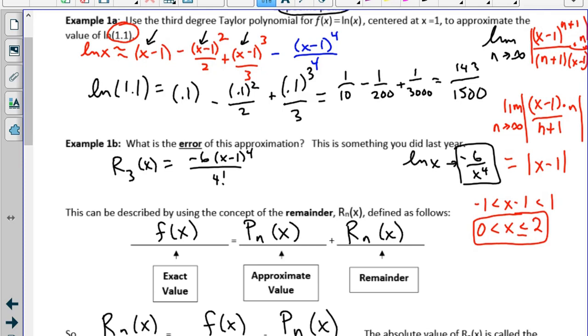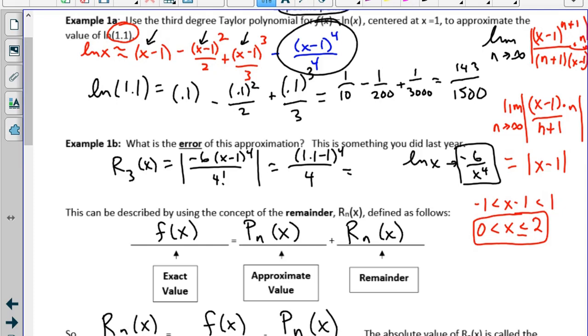factorial. Notice that negative 6 over 4 factorial ends up just having a 4 in the denominator, which is exactly the next term. But again, if the derivative could possibly be bigger, then we would have to take that into account. And then I have 1.1 minus 1 to the fourth power.